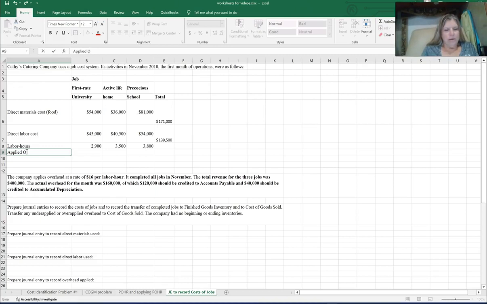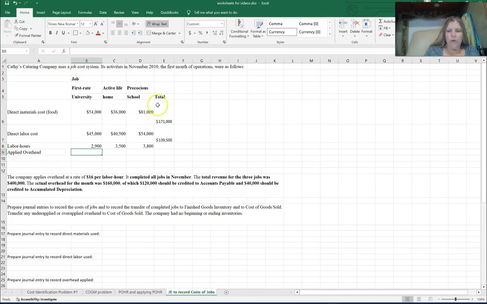So I'm going to do that on this next line. Applied overhead. And we're going to tell Excel that we're going to do a formula, and the way we do that is we enter an equal sign, and I am just going to multiply the 2,900 labor hours times $16 per hour to get total overhead applied to this First Rate University of $46,400.